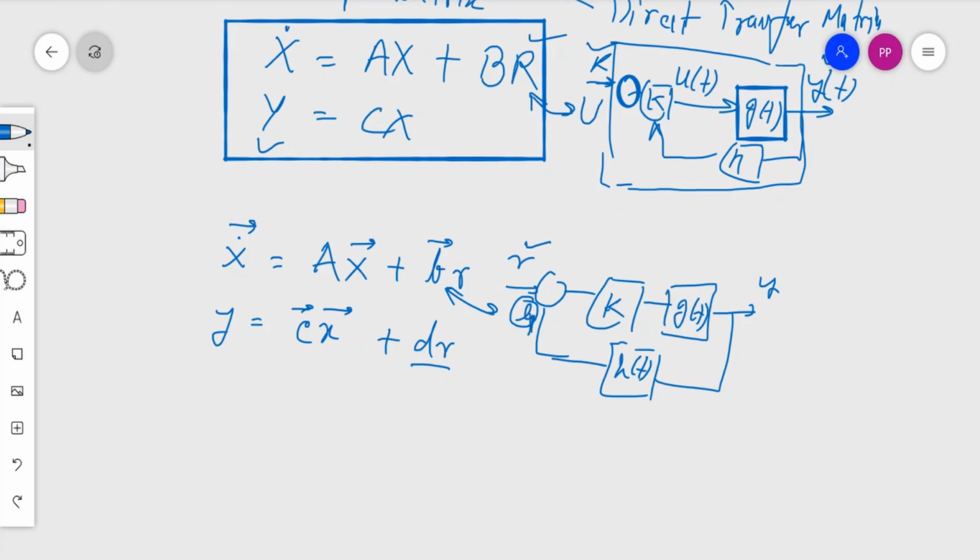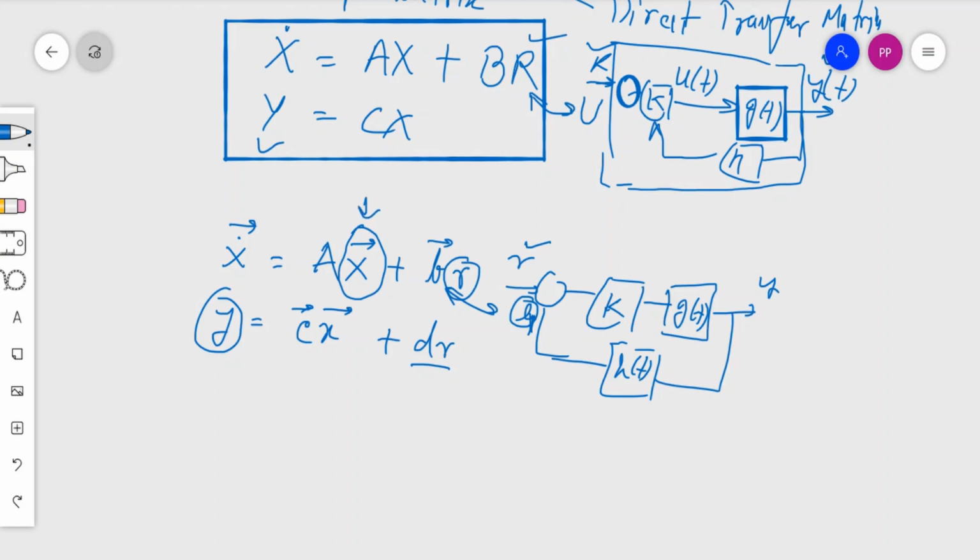Now you should be careful that here you are taking a single input single output system. So whatever be the number of inputs and outputs of the system, the state variables can be one or more than one. So it has to be the vector.